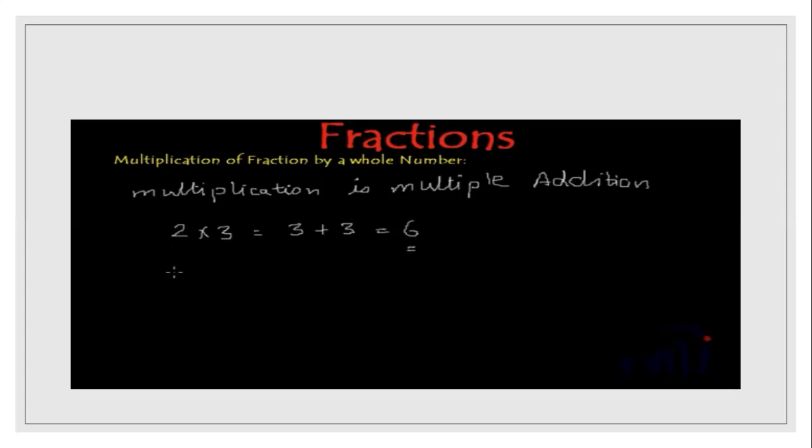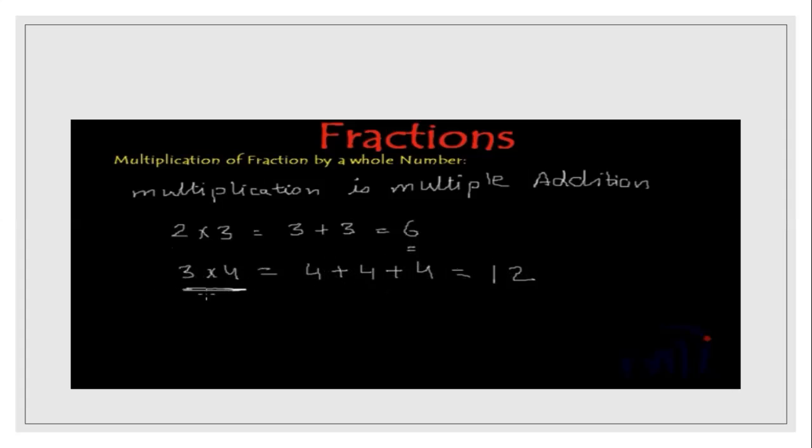And what do you mean by 3 multiplied by 4? This is called 3 times 4. That means 4 has to be added to itself 3 times, right? And this will give you 4 plus 4 is 8, plus 4 is 12. And 3 fours are 12, right?